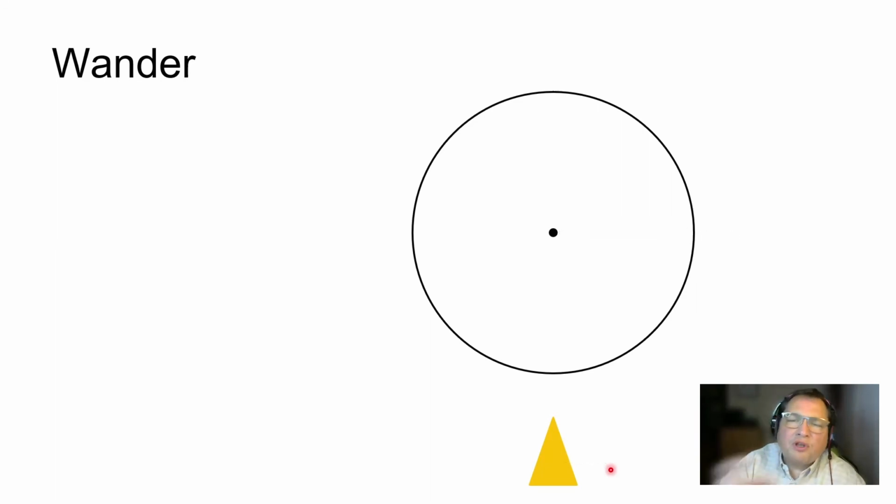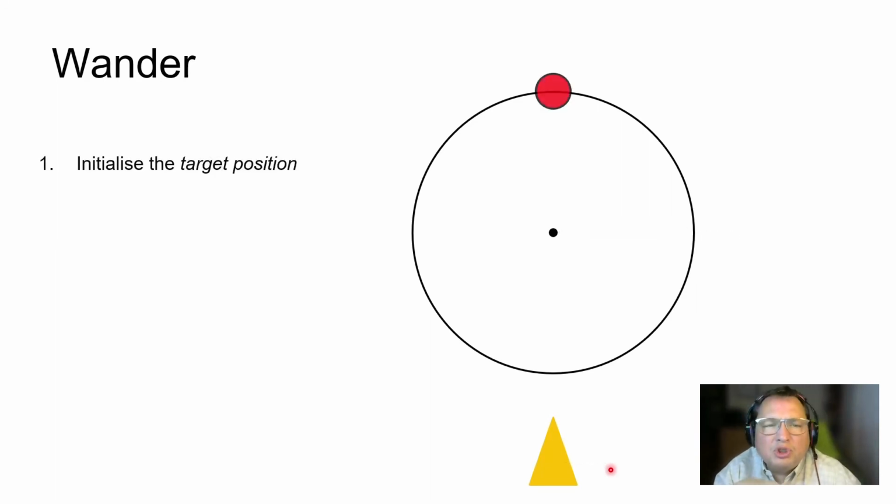Now, the first step of the algorithm is to initialize the target position. This target will always be somewhere on the perimeter of the circle, and it's quite logical that the initial position for the target will be in front of the agent at the opposite end of the circle, if circles have any ends, but I hope you know what I mean.